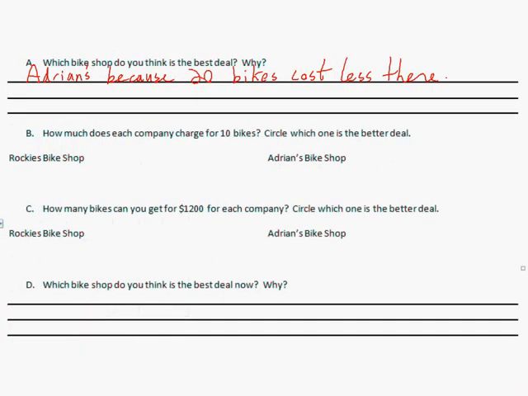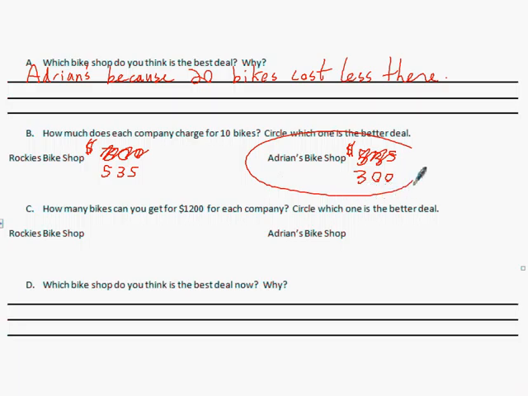So $300 or $535. Whoops, I got those backwards. $535, $300. Better deal, Adrian's. Adrian's still the better deal.